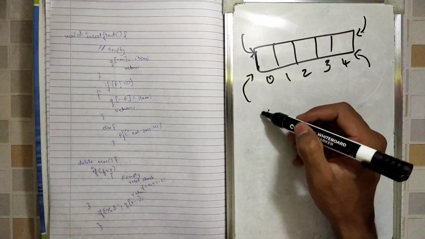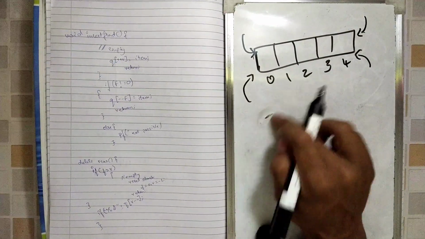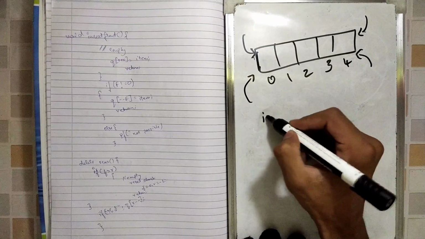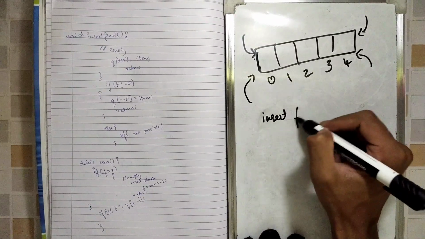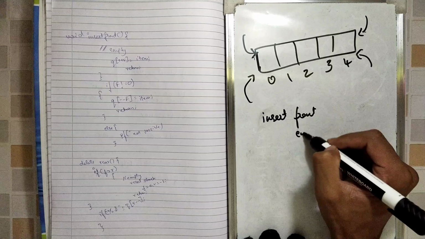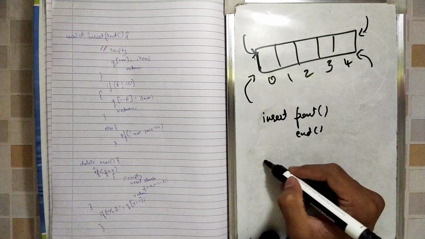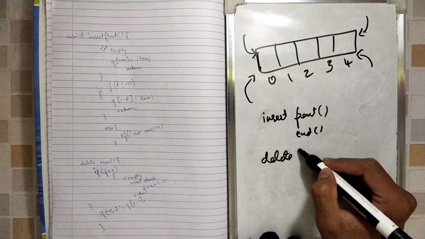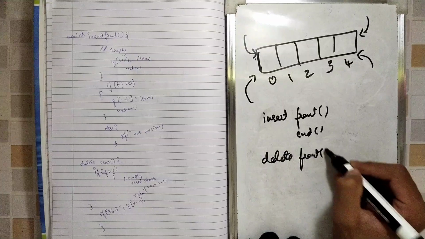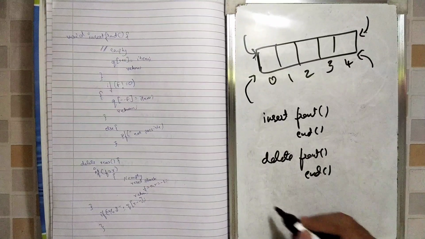So what are the functions? Let me write the functions which can be performed in a double-ended queue. One, insert front and insert end. Then delete front and delete end. Then display.